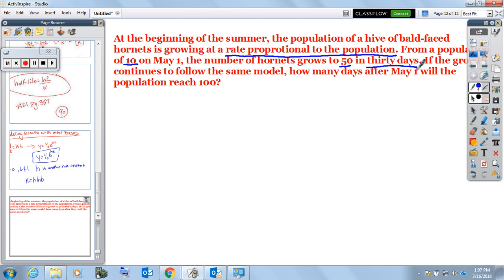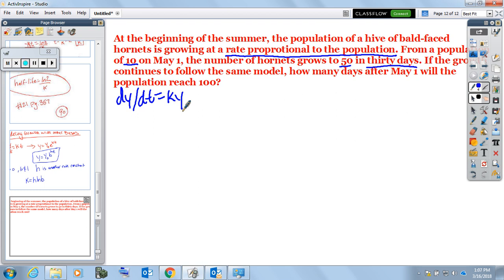Well, the first thing to underline: rate proportional to the population, and it starts at 10 and ends with 50. That means we know the growth is going to be exponential, because it's proportional, dy/dt is equal to k times y. That's the reason it's growing proportionally to the population. Thus, it's going to have exponential growth.